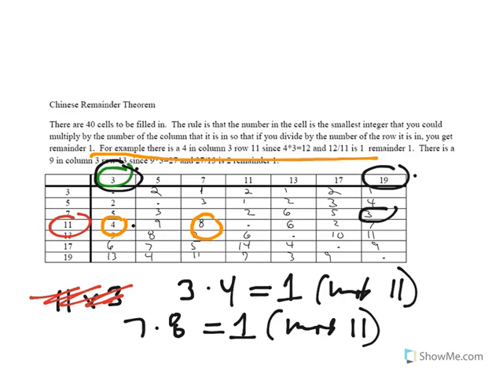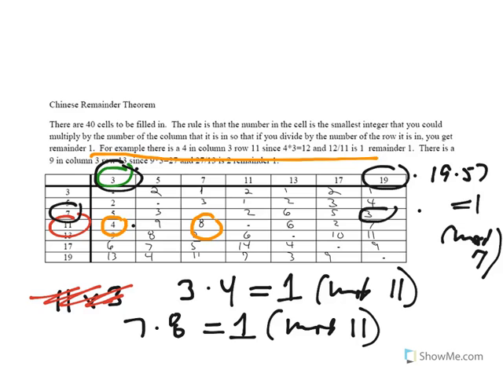In this case, 19 times 3 is 57. If you divide 57 by 7, you will get remainder 1. So every single thing is the special number that would cause us to get remainder 1.